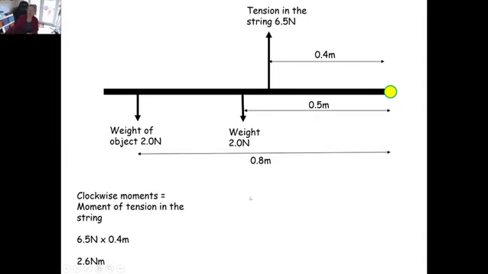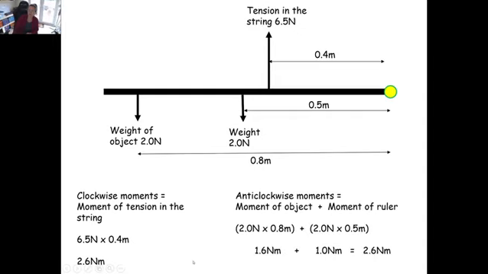So let's look at first of all at the clockwise moments of the tension in the string. So the moment here is 6.5 newtons times a distance of 0.4 meters, and that gives a moment of 2.6 Newton meters. Balancing that are the anti-clockwise moments of the object and the ruler itself.